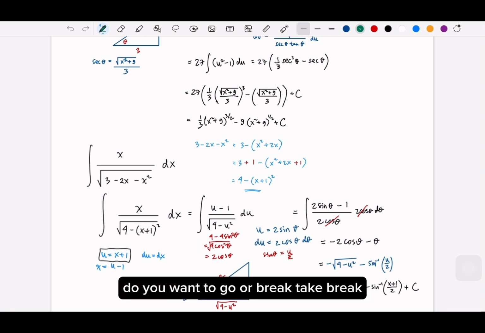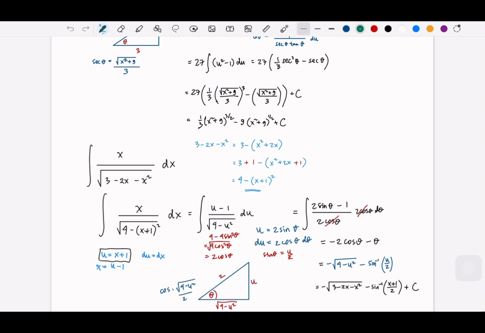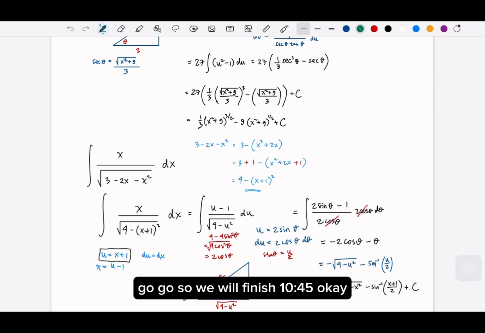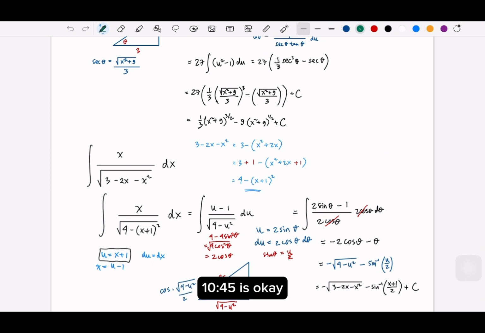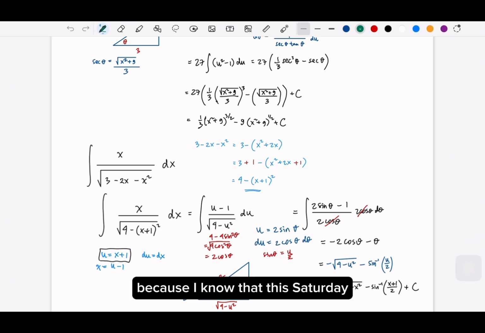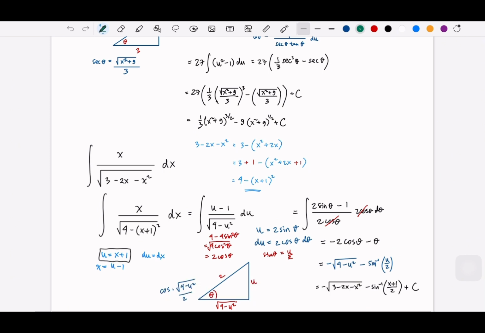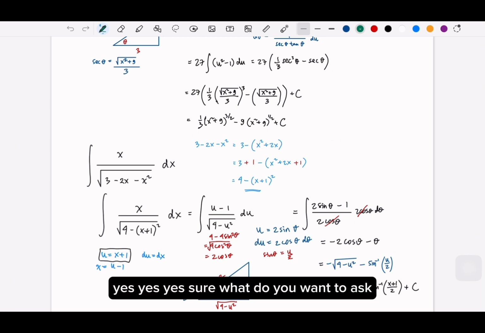Do you want to go or take a break? Go? So we will finish at 10:45, okay? I just want to make sure, because I know that it's Saturday, you want to finish early. Yes, sure. What do you want to ask?